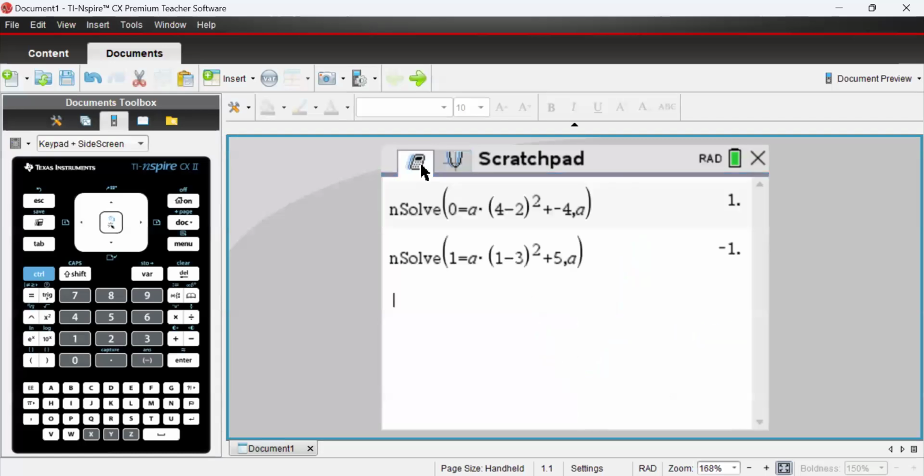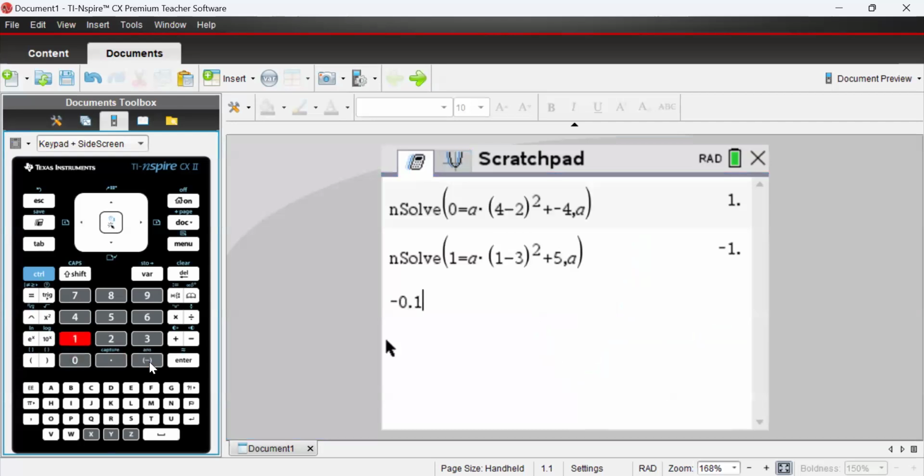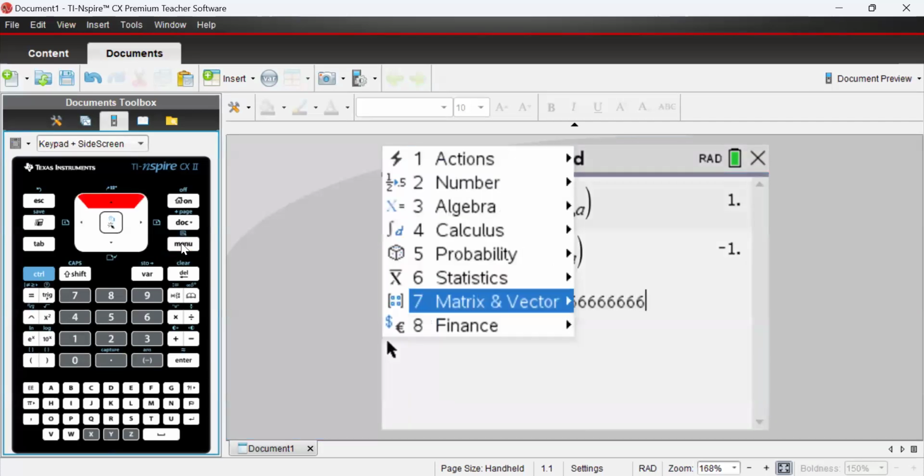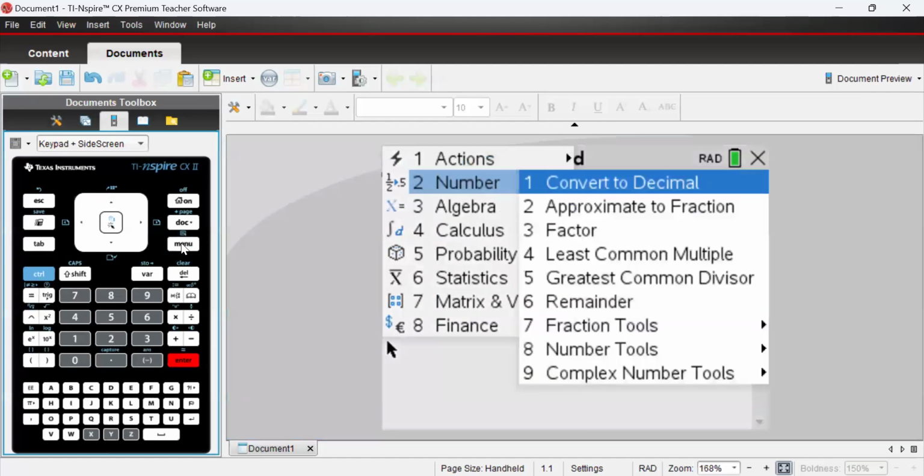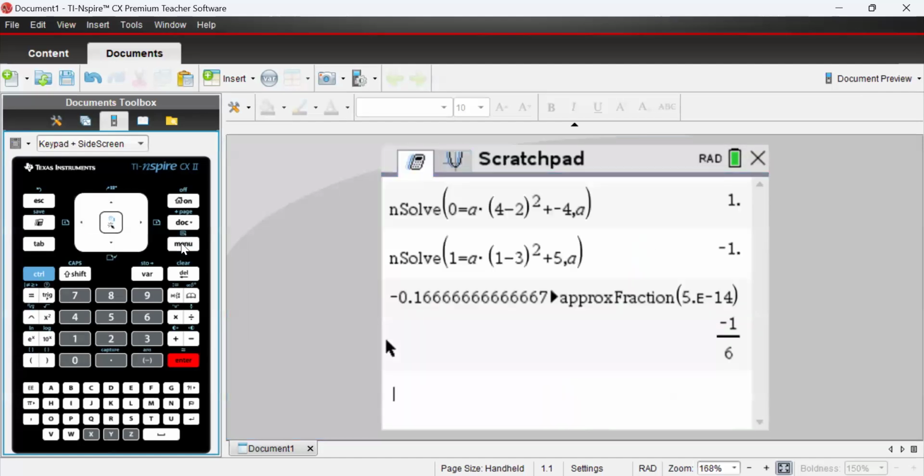Okay, so let's go back to the main screen. So menu, approximate to a fraction, so -1/6.